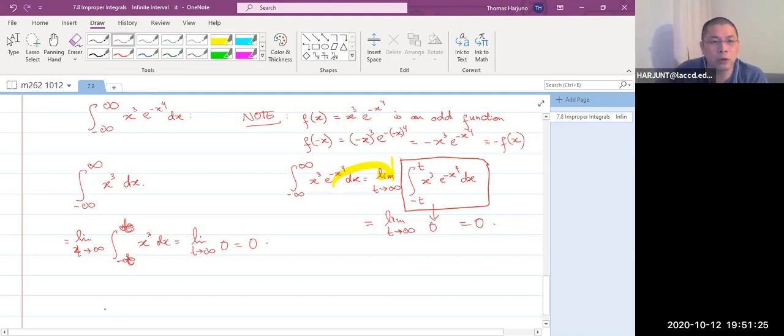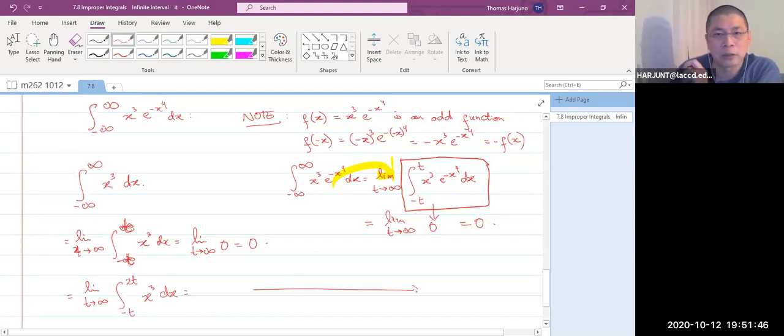But imagine if I do it this way. Limit t goes to infinity, okay? But the upper limit here I make 2t, and this is negative t. Both of them go to infinity, by the way. I just make it so that you go to positive infinity twice as fast.